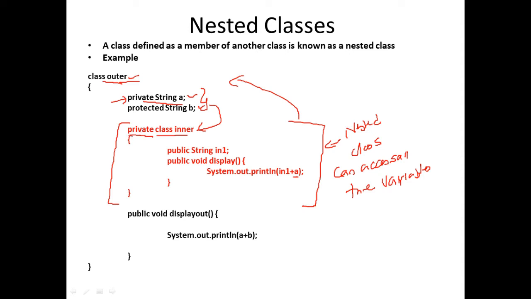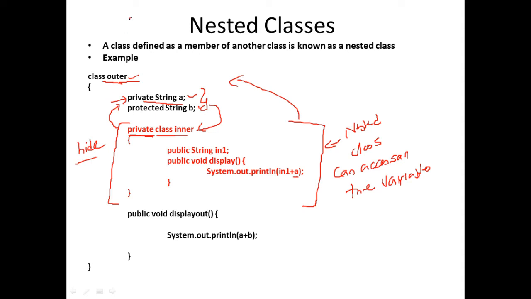Once you say a class is of a private type, you can hide this entire class from the outside world, thereby improving encapsulation, and also you allow this class to access the private data members or any data members of the enclosing class. So these are some of the important properties of a nested class.